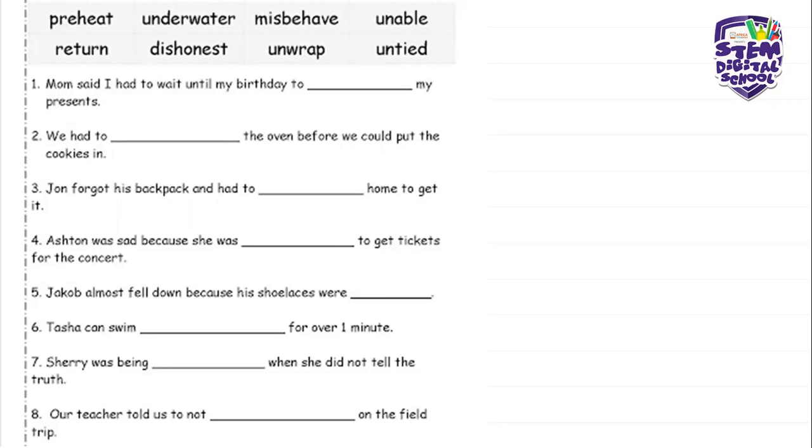A root word is something that can stand on its own and has a meaning on its own, like wrap or tied or behave. That's why it's important. And remember that it changes the meaning. If I heat something and if I preheat something, the meaning changes.